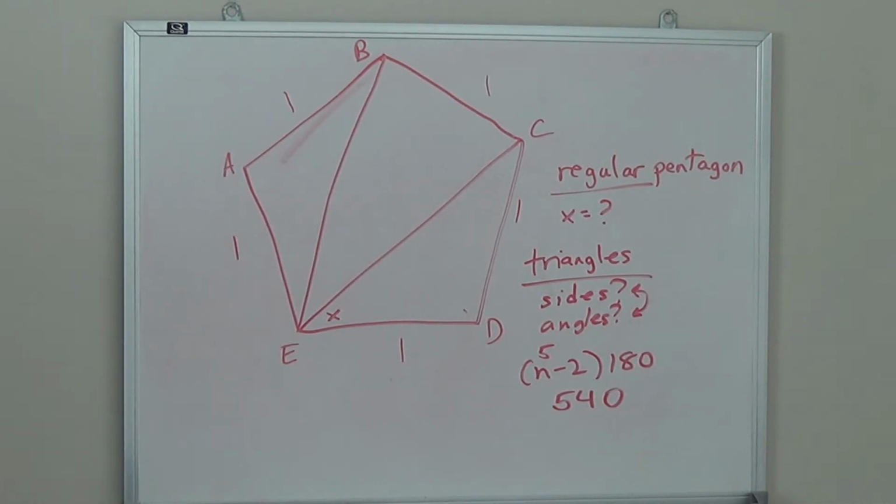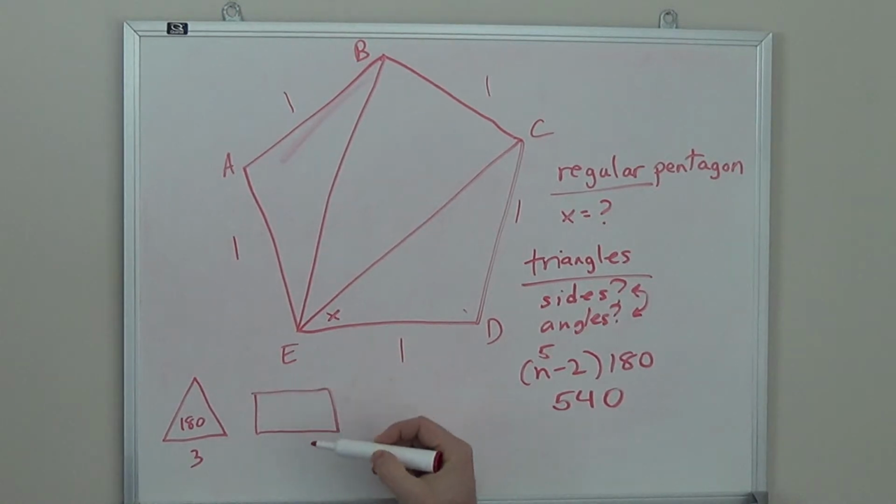If you feel like you're not going to remember that formula, think about it logically, right? A triangle is a 3-sided figure, and that has 180 degrees in it. A rectangle is a 4-sided figure, and that has 360 degrees. So you can see if I add a side, it looks like I added 180 degrees, right?